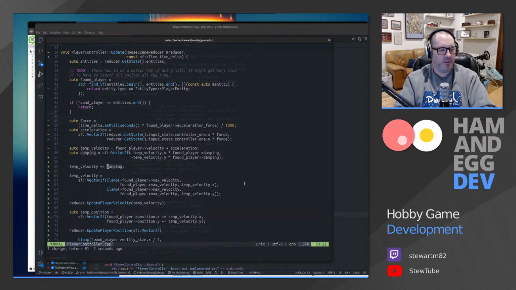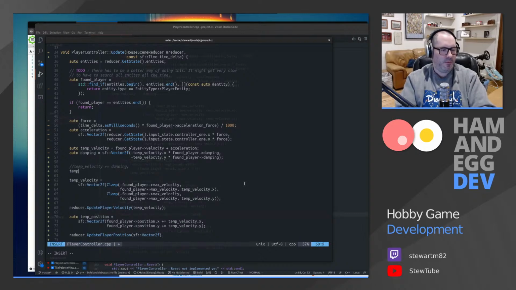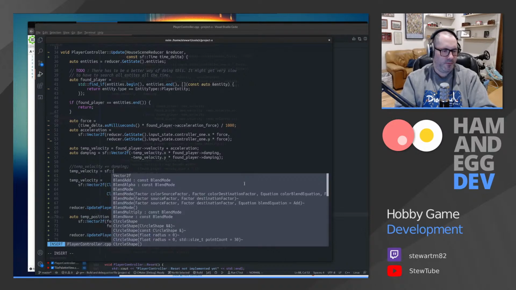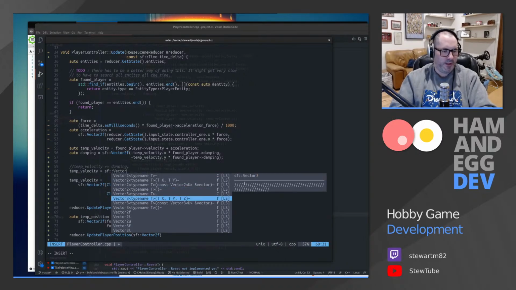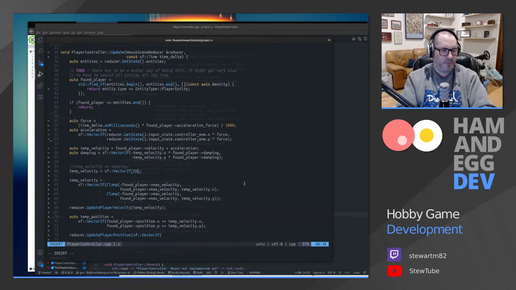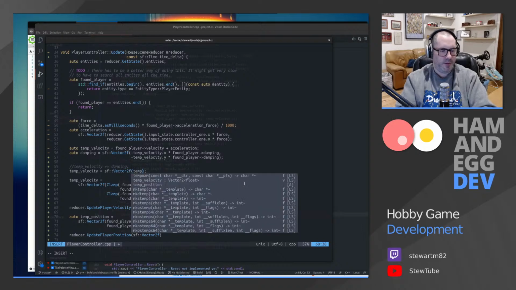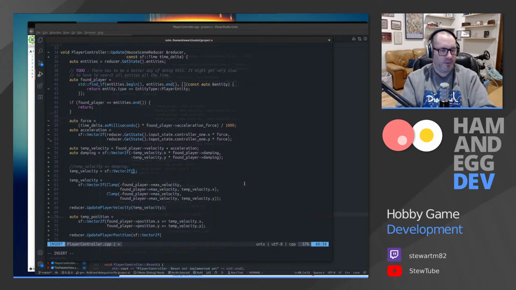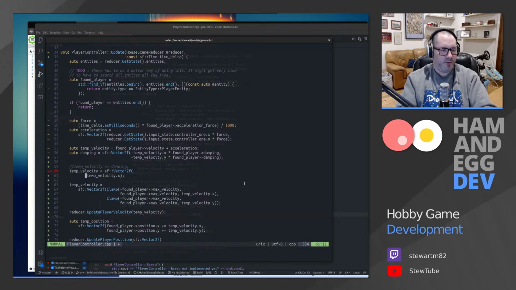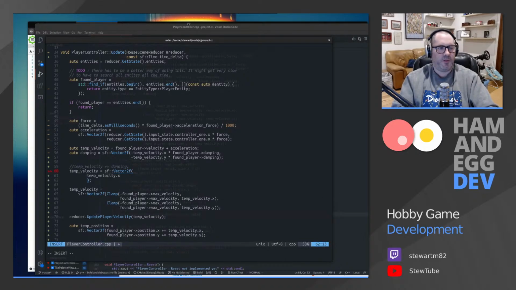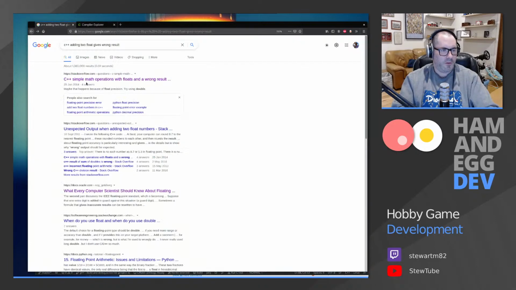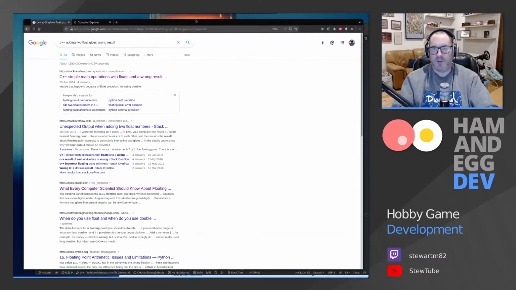Okay, so I guess then what this might look like is something like this, where temp velocity.x. Actually, let's just go back to that example quickly, if I can find it.